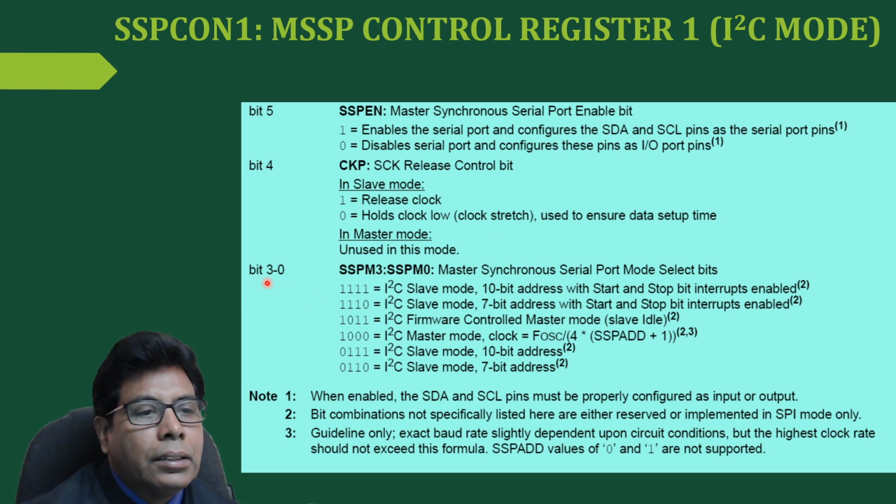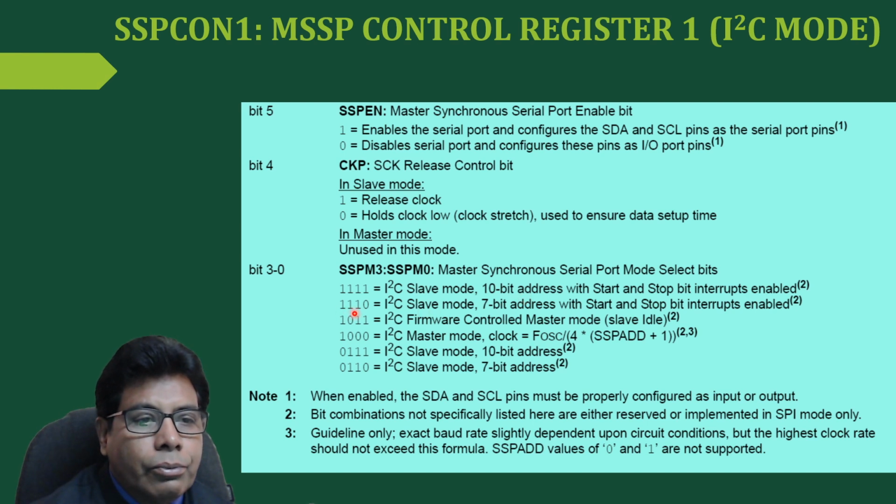Then bits 0 to 3, these 4 bits, are for the mode select of the Master Synchronous Serial Port, MSSP. So here 1111 will indicate the I2C slave mode 10-bit address, and of course the start and stop bit interrupts enabled.